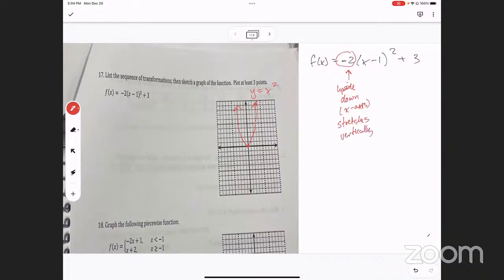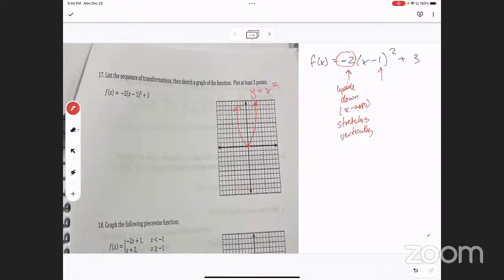Okay, so what that 2 and that -2 is going to do, if it was just that, it would take this point, for instance, right here, 1, 1, and it would make it, instead of 1, -1, it would make it 1, -2. So it stretched it. It flipped it upside down, but it also stretched it. So it's narrower. It goes up quicker, or in this case, down quicker. You follow that? Yeah.